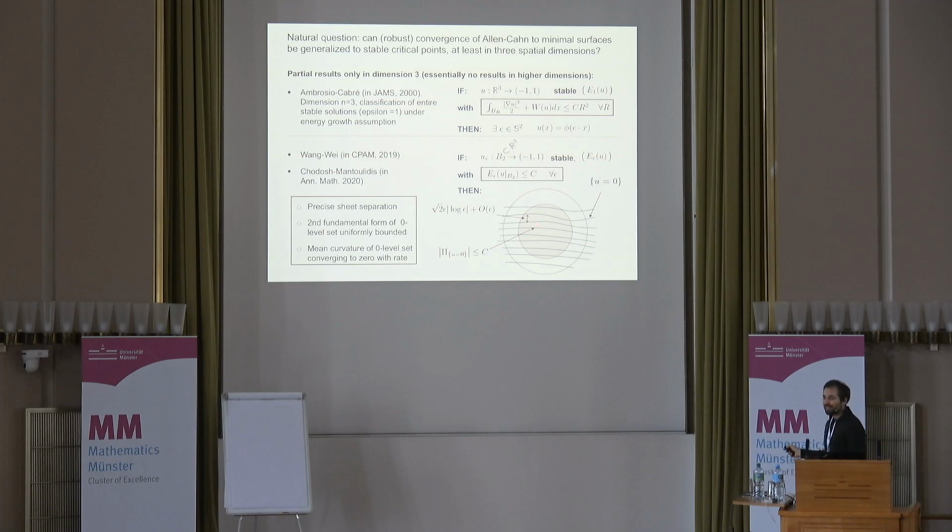But there can be many zero-level sets, as many as C, essentially, and they could be very close to each other. The distance, and this is optimal, is about square root of 2 epsilon log epsilon plus O of epsilon. So this is a separation, and the zero-level sets interact very weakly, but they interact. And this is hard to prove.